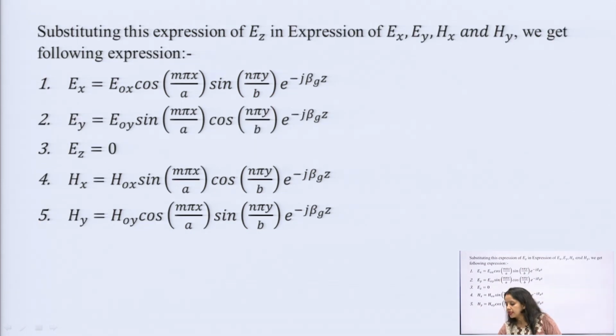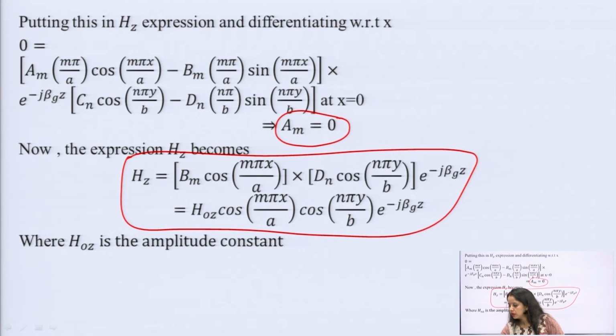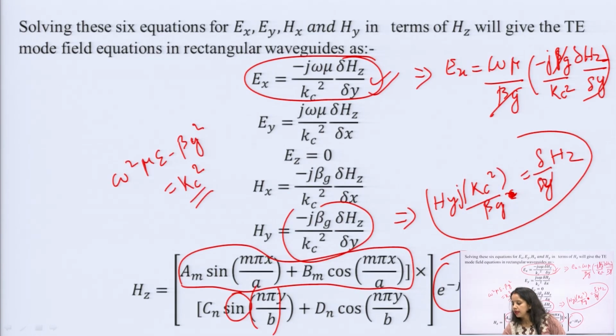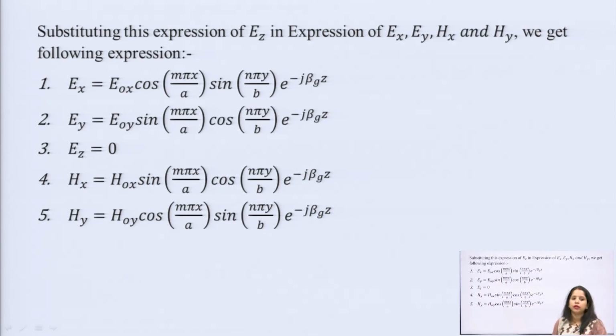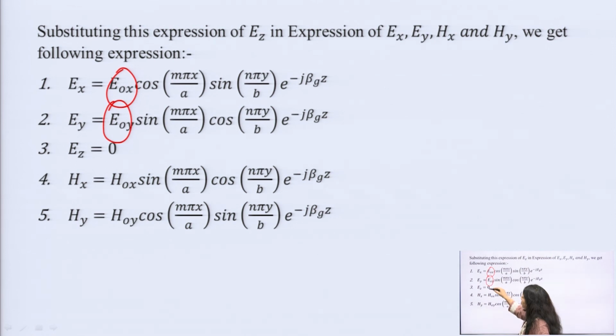So, what will be the next step? We are substituting these values of Hz in the expression, because we have already derived the expression in terms of Hz. We substitute in this expression, substitute all the constants, and after that treat all constants with a single term.